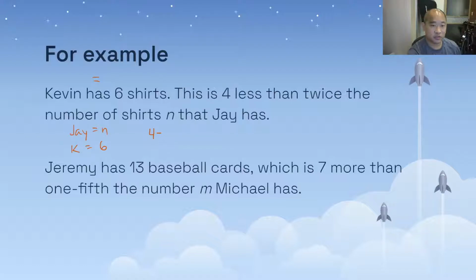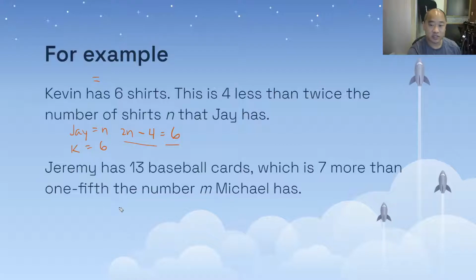So it's actually the other way around, right? The subtraction needs to be over here. Twice the number N that J has. This equals 6. Kevin has 6 shirts. This is 4 less than twice the number that J has. There we go. Okay. Let's take a look at another one.